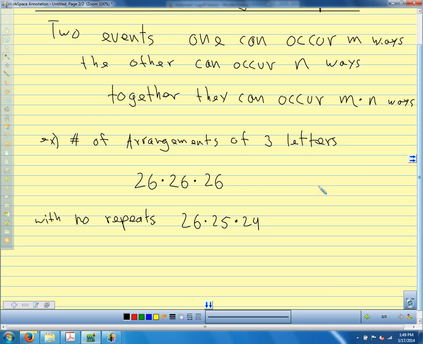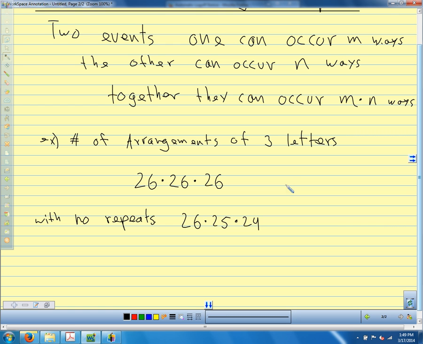If we allowed repeats, how many digits would we have to pick from? 10, 0 through 9. And if we didn't allow repeats, we'd have 10 times 9 times 8, etc. So this is just a couple of easy examples of using the fundamental counting principle.